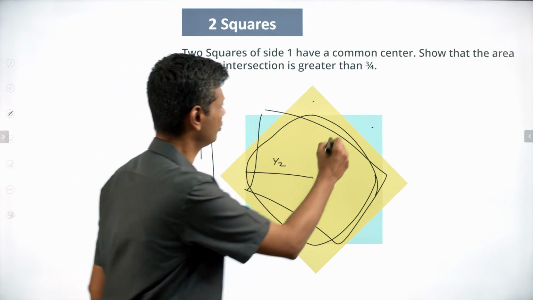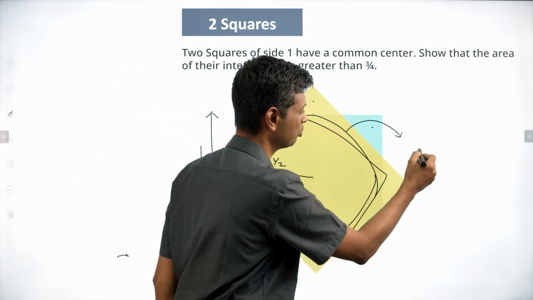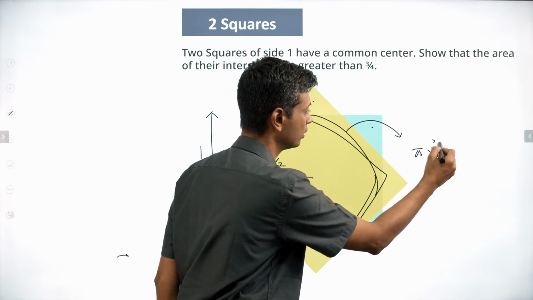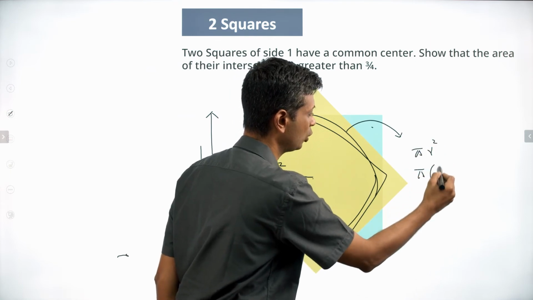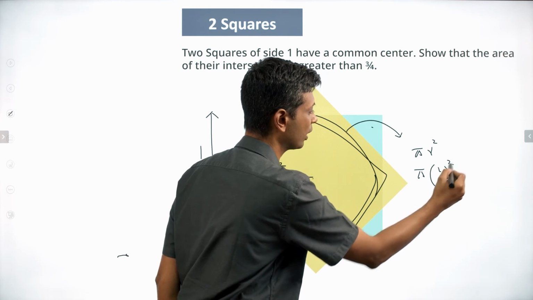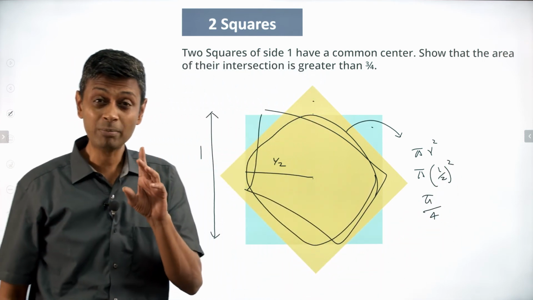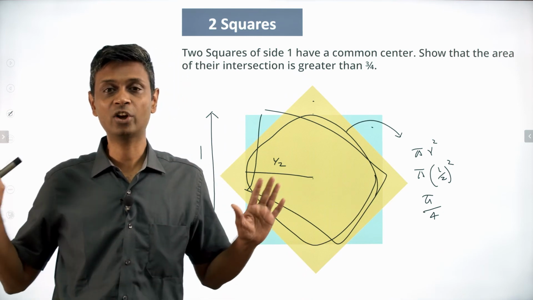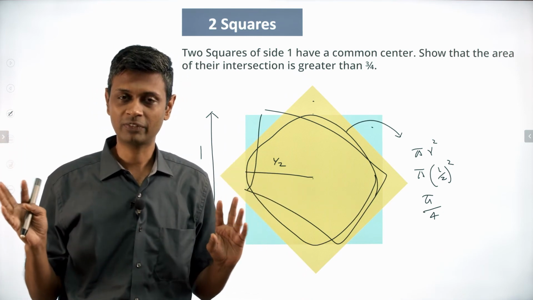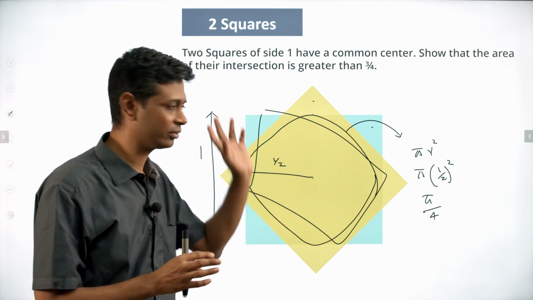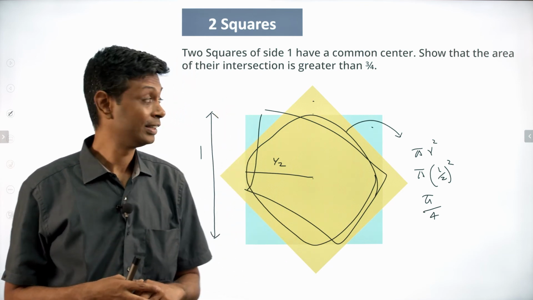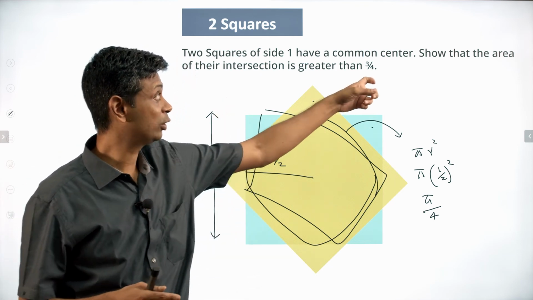So the area of this circle is pi r squared. Pi into (1/2) whole squared, or pi/4. Now this pi/4 is definitely common. Definitely sitting in all the squares. Think about this. 3/4 is what you need to prove.